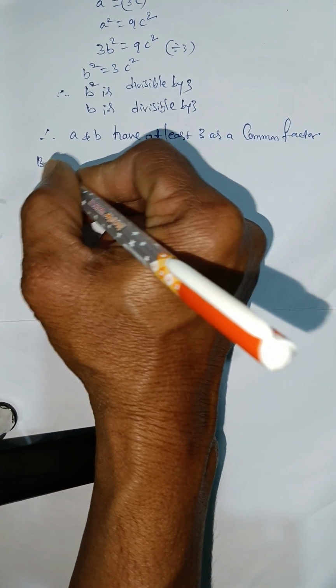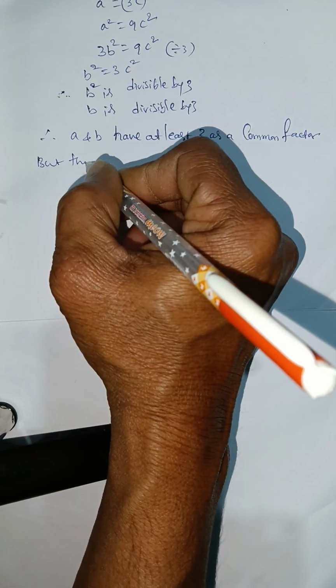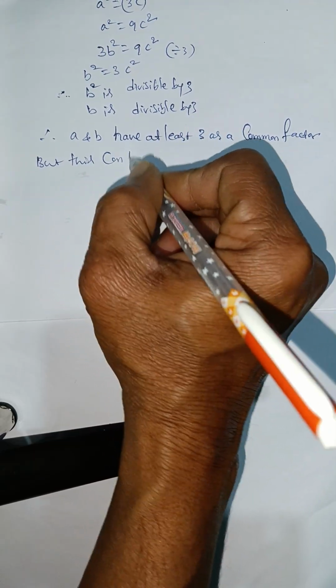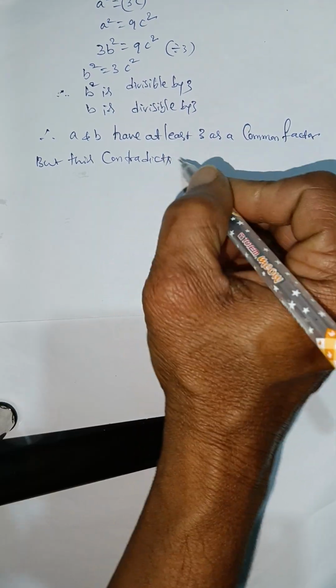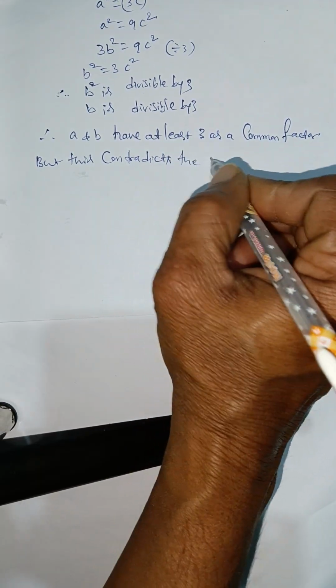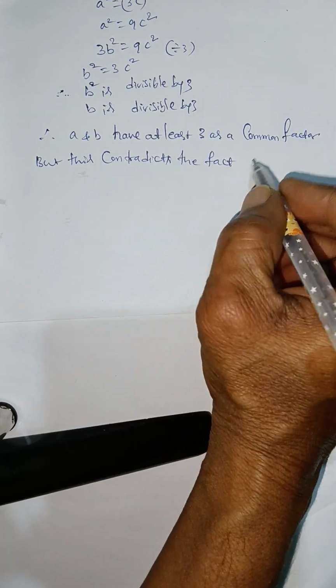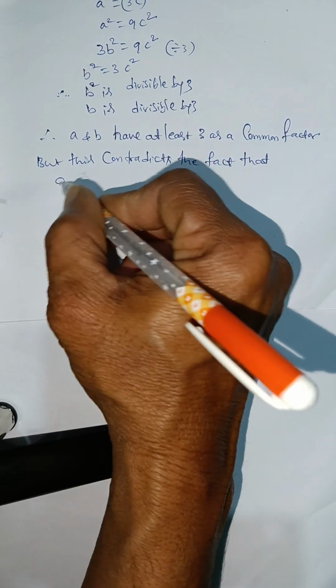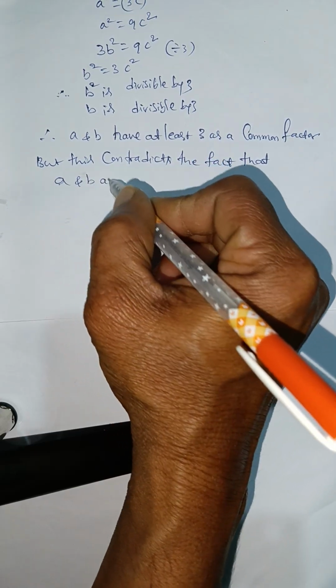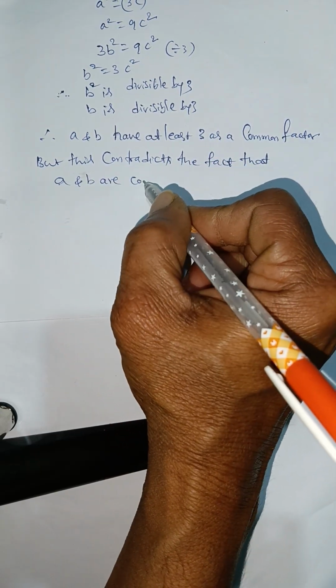But this contradicts the fact that a and b are co-prime.